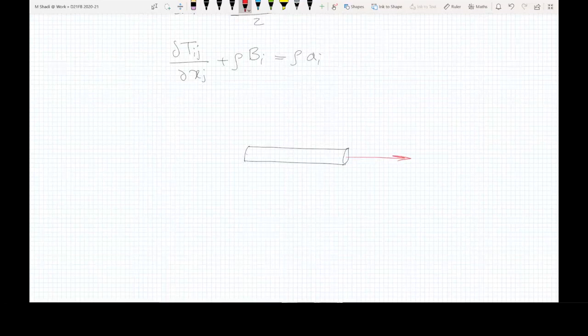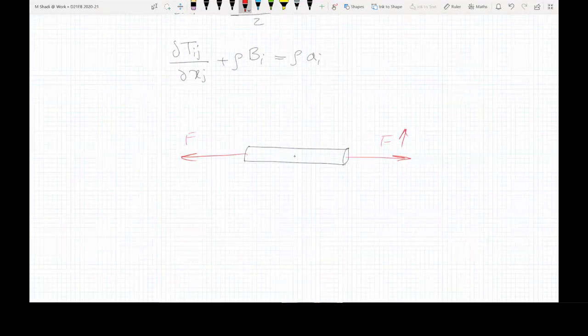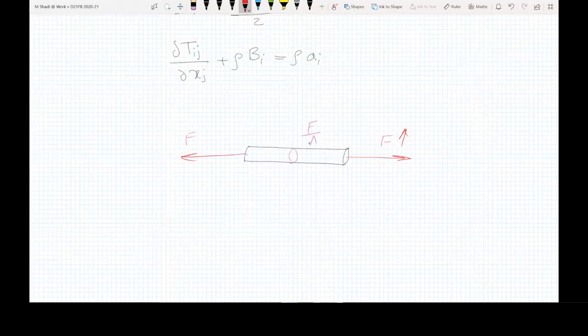So you apply some axial forces on that, and you keep pulling this bar from each side by increasing the value of F. The stress is going to be F divided by A. So this is sigma. And then you look into how the stress changes with the strain. This bar is going to become longer and thinner.